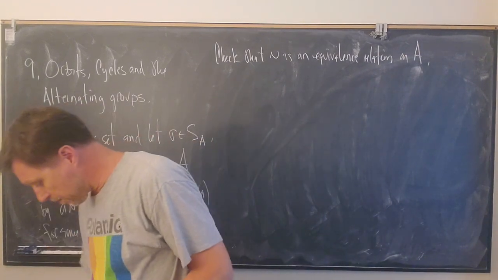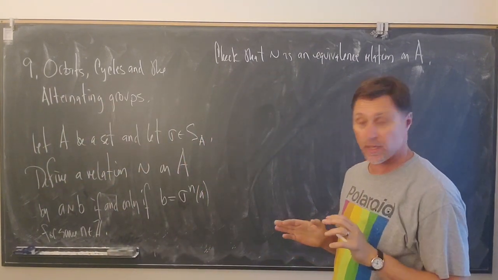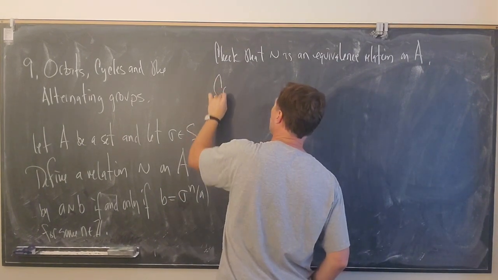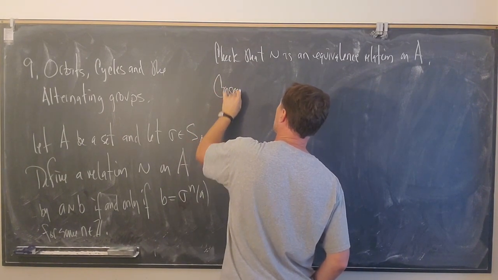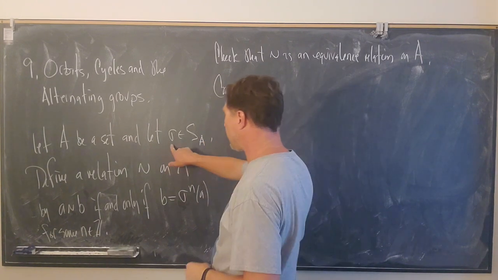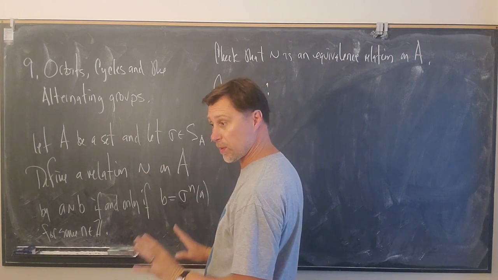So what does that mean? Now remember, when you have an equivalence relation, there's a corresponding partition. So as a consequence, each time we take a sigma, there's a corresponding equivalence relation, which means there's a corresponding partition.